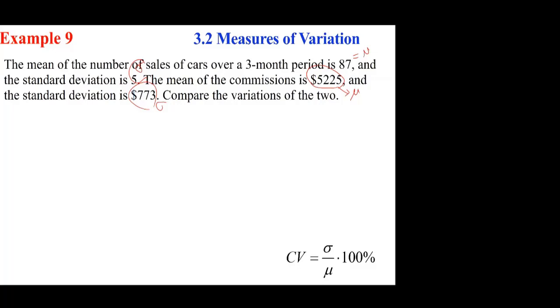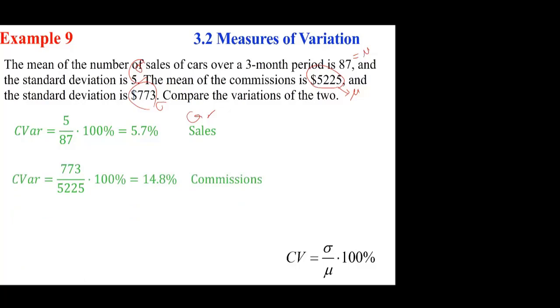So we divide the standard deviation by the mean, and then we change it to a percentage. So for car sales, the number of cars, you can say car sales. And for commission, 773 divided by 52.25.